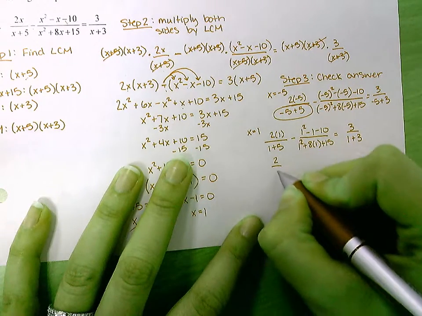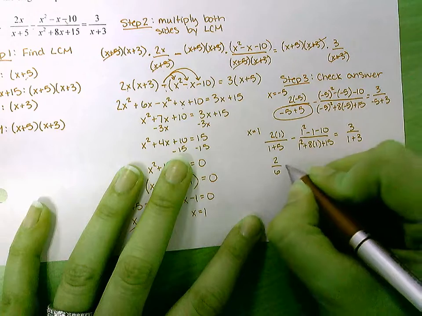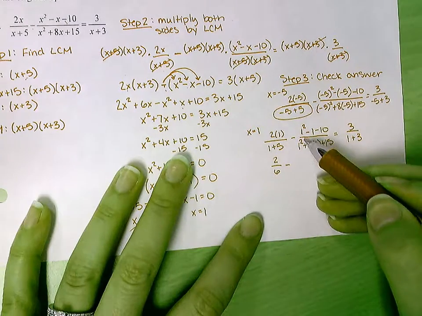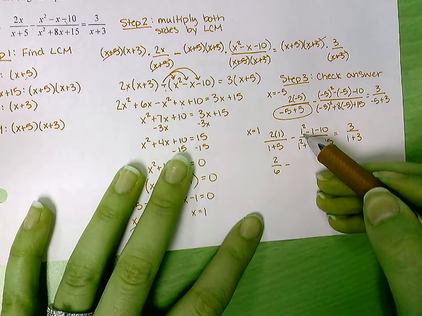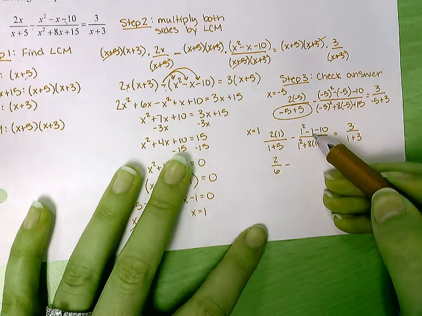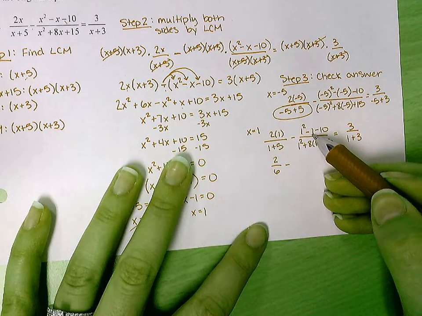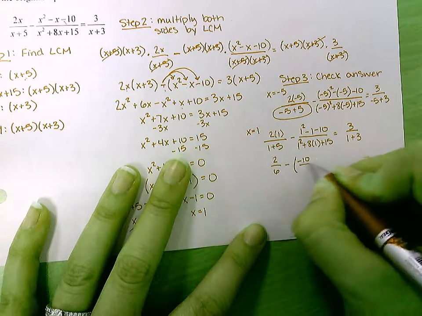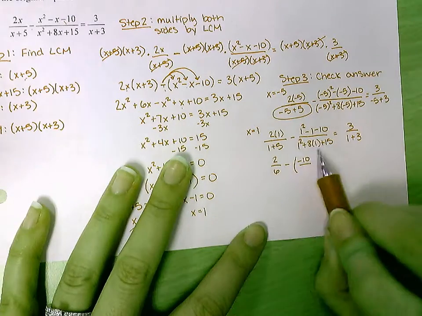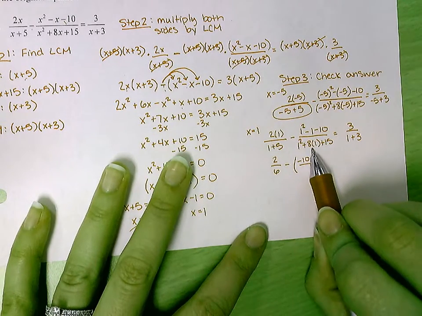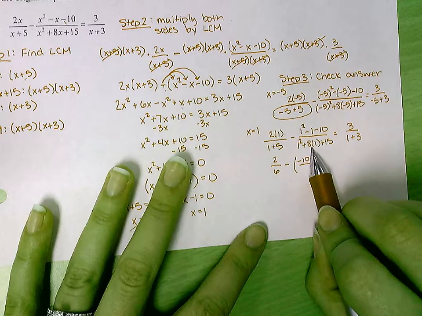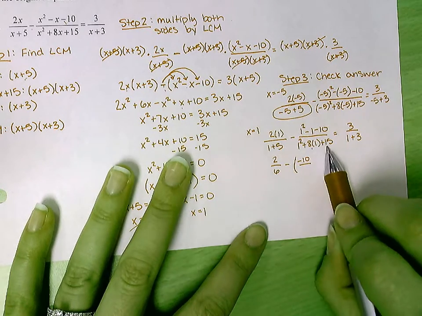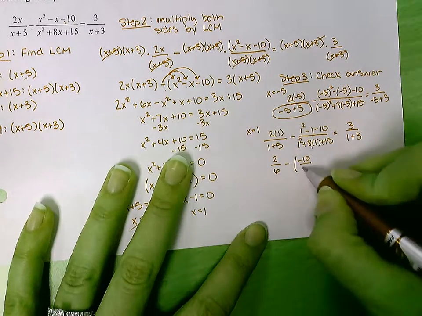So I have 2 over 6 minus 1 squared is 1, right? 1 minus 1 is 0. So I have minus this negative 10 over 1 plus 8 is 9, plus 15, 24.